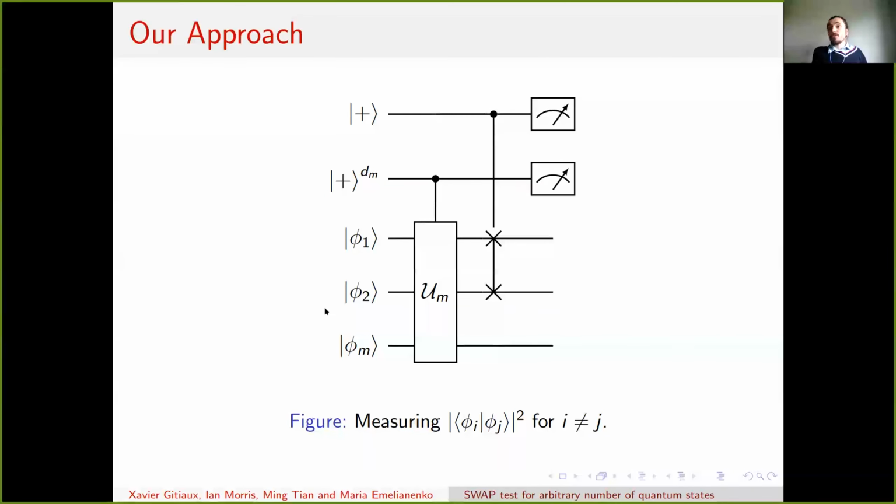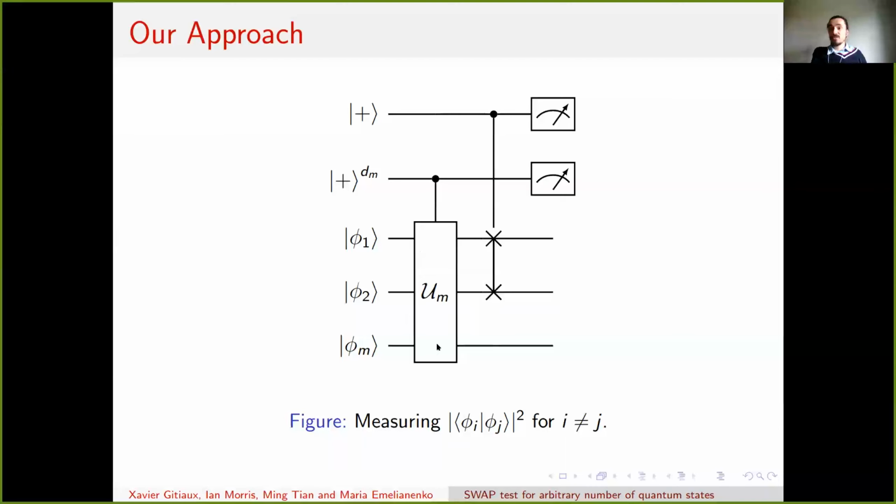And it's very easy to see that if UM works, meaning if UM can create a state where each pair can appear in the top two wires of the circuit, then when I do measurement, I can link the probability of observing to the overlaps exactly as we saw before with the simple qubit swap test.